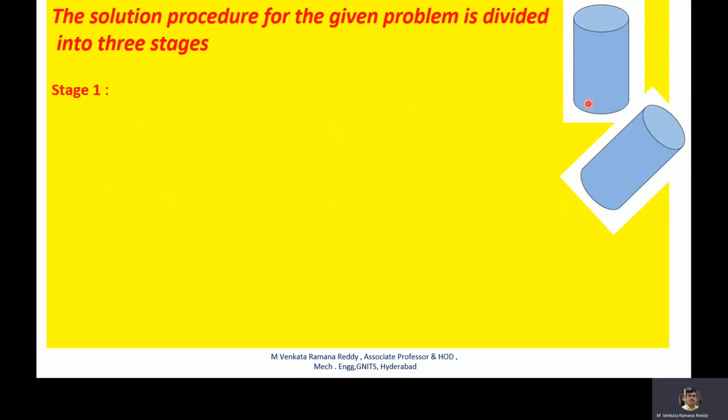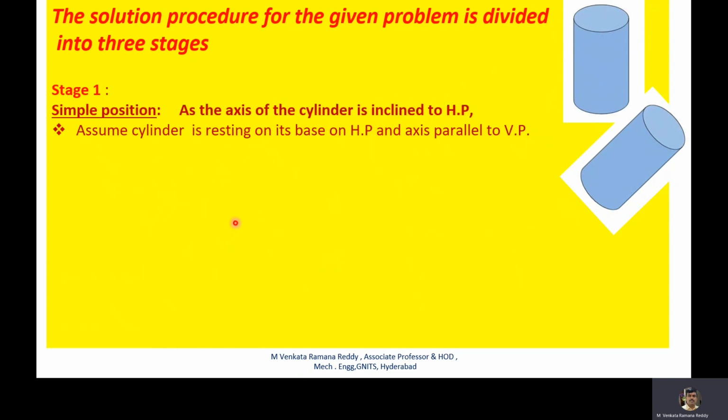So the base is parallel to HP and the axis is perpendicular to HP and parallel to VP. So in top view you will get the cylinder's base, that is a circle. After drawing the top view, we'll draw the corresponding front view with the given axis height.